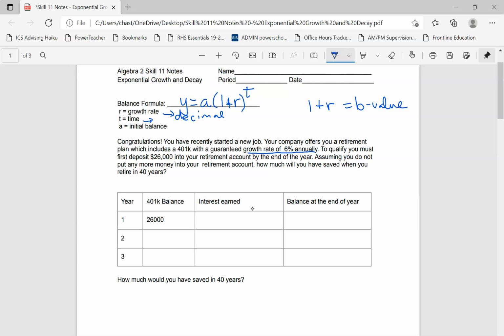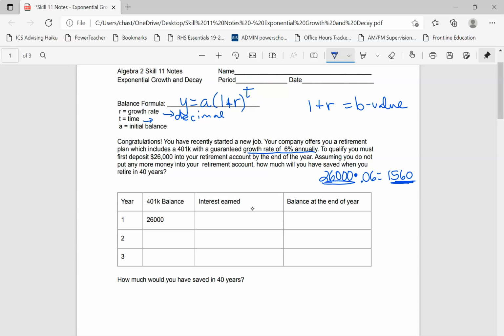So I'm going to take 26,000 multiplied by 0.06, and that's going to tell us what the interest is. We would earn an interest of $1,560.